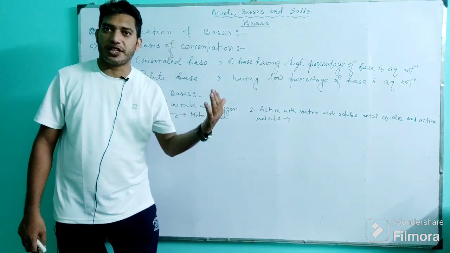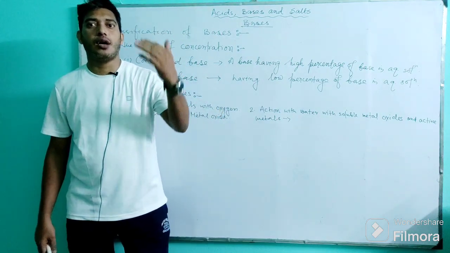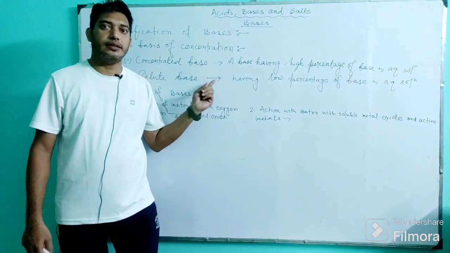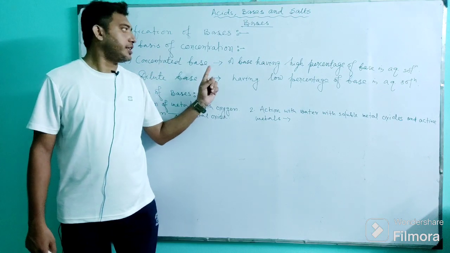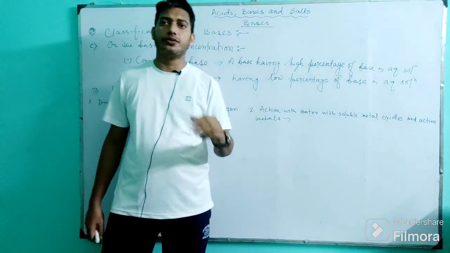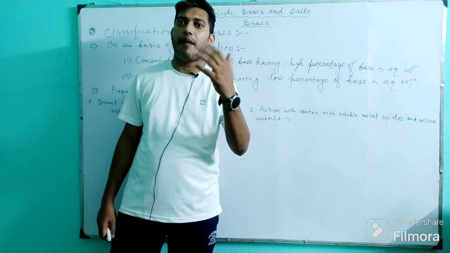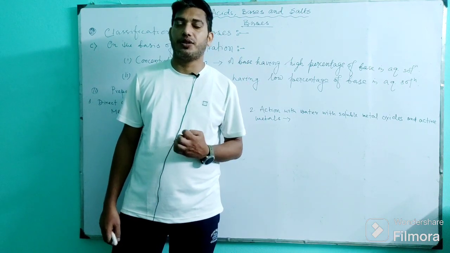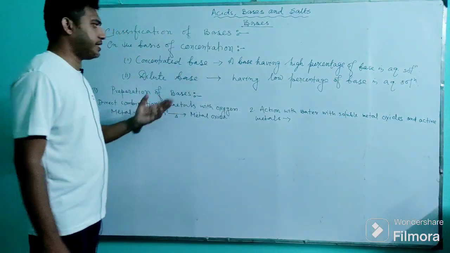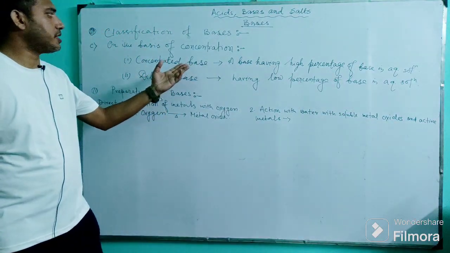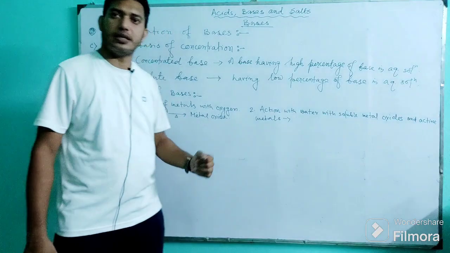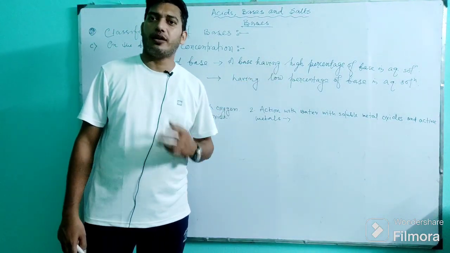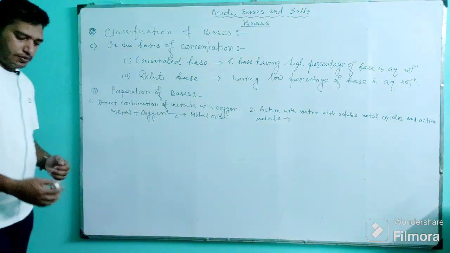In case of strength we measure the high concentration of OH minus ions, and in case of concentrated base we calculate the percentage of base in aqueous solution. So concentrated base means a high percentage of base in aqueous solution, and dilute base means a low percentage of base in aqueous solution.